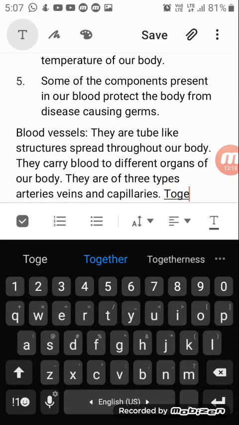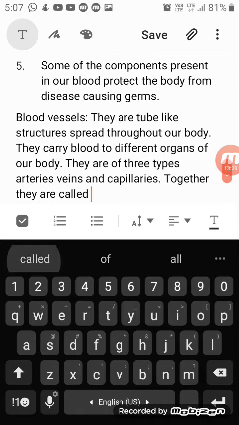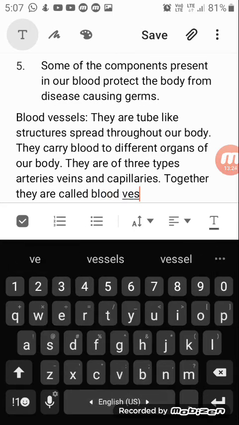Together, they are called blood vessels.